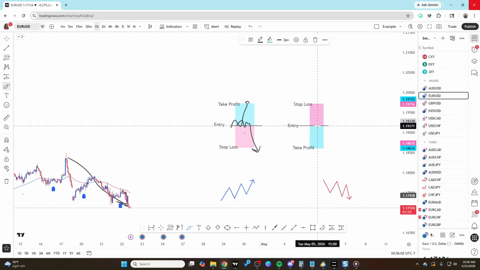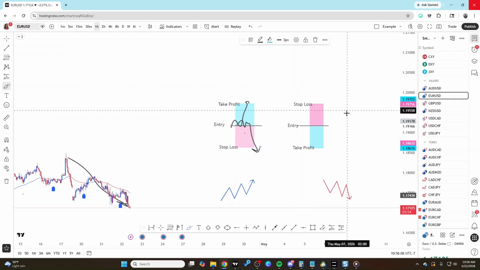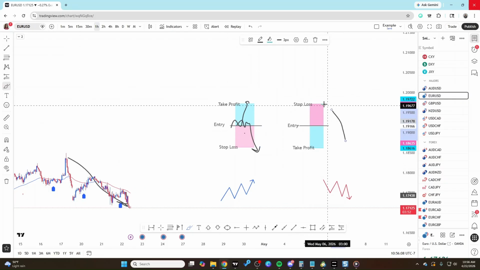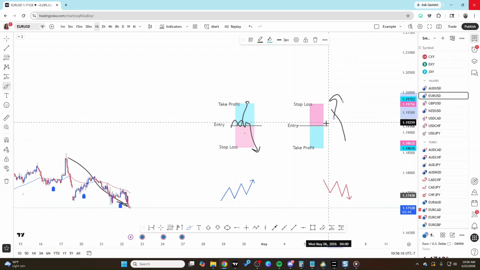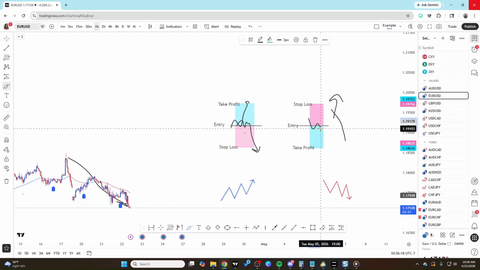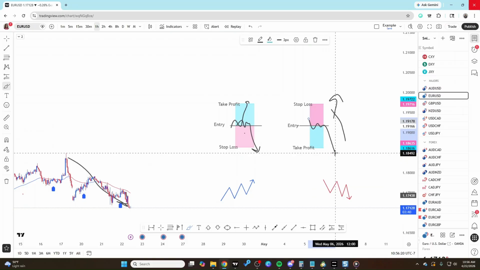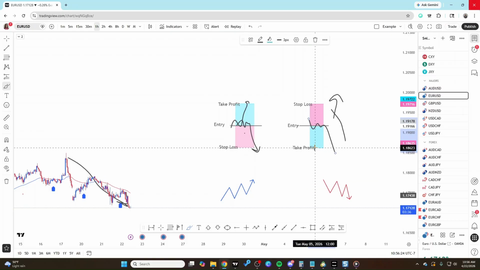You've got your entry point here, and then your stop loss is up at the top because, again, remember, now we're expecting price to go down. So we put our stop loss up here saying, hey, if price goes the wrong way and it actually comes up here, then just take me out and I'll cut my losses. But if price does what I'm thinking it's going to do, and it goes this way, then take me out at my take profit. It's going to close my trade and I'm going to walk away with my money, okay?